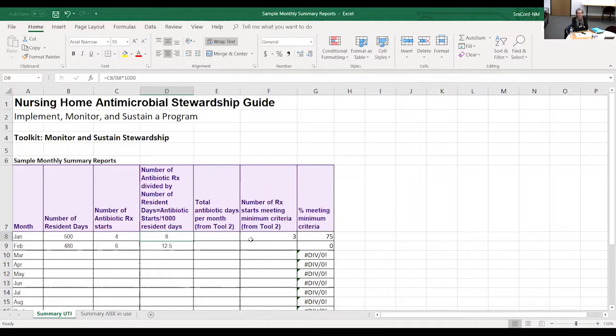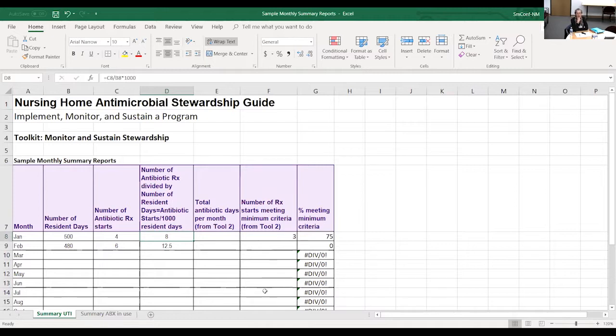I could insert that column, and then I could also put in our number of antibiotic starts meeting the minimum criteria, say for whatever infection, UTI. So of the 4 antibiotic starts, 3 met the minimum criteria. We had 75% meeting the minimum criteria.